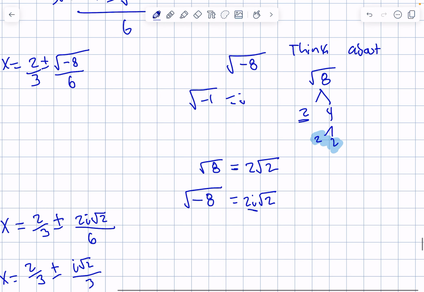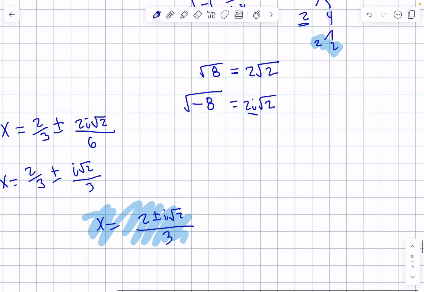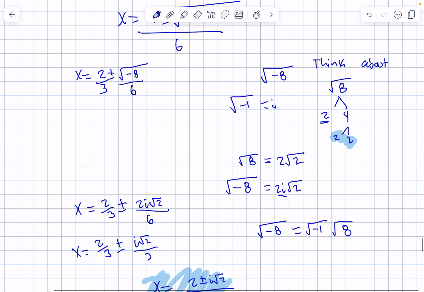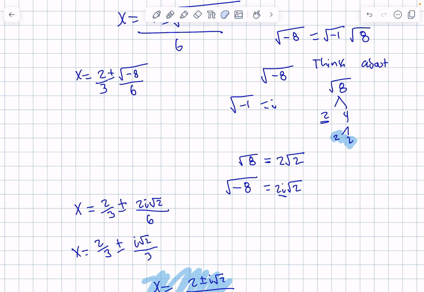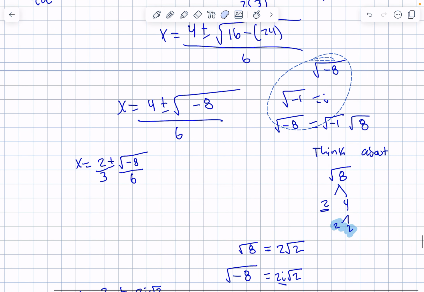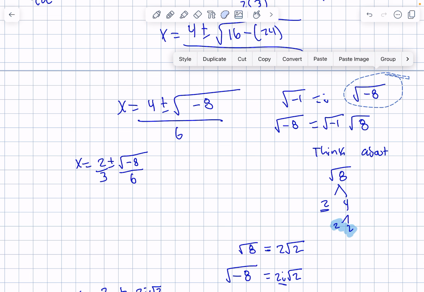So then you can think about square root of negative 8 as equal to negative 1 times positive 8. So let me actually put this on the top, and let's bring this over here. Okay, I think this is best.